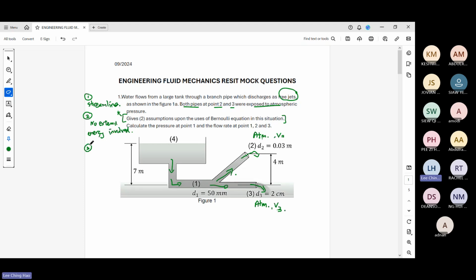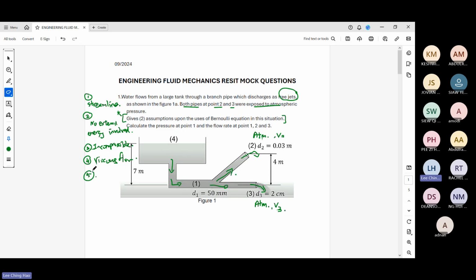Third one, incompressible. Although here they say 2, I try to give you as many as I can. Then streamline, no external heat, and non-viscous flow. And the last one I forgot already. I remember I have 5.